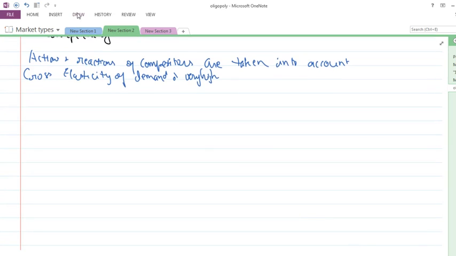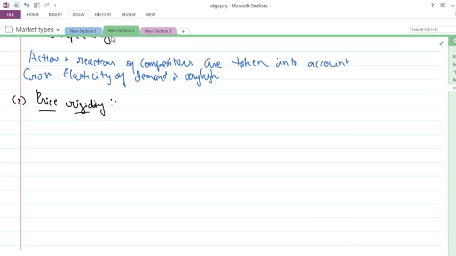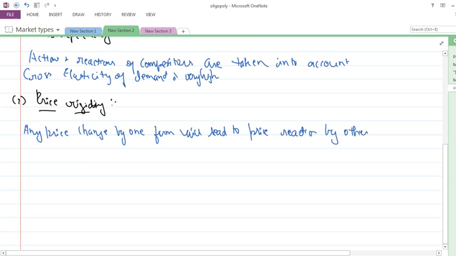The third feature is price rigidity. Price rigidity states that any price change by one firm will lead to a price reaction by others.